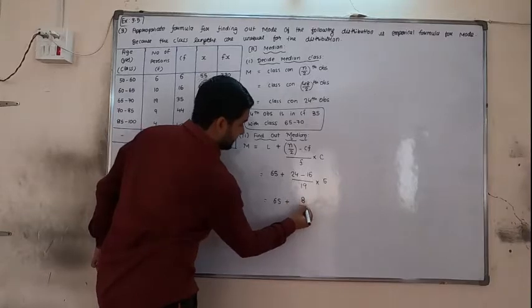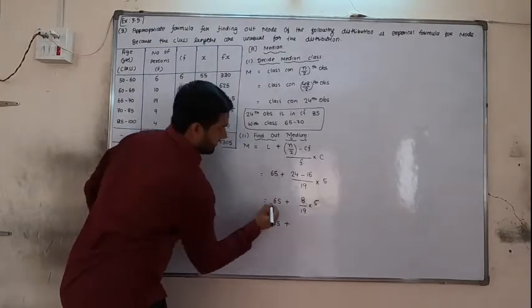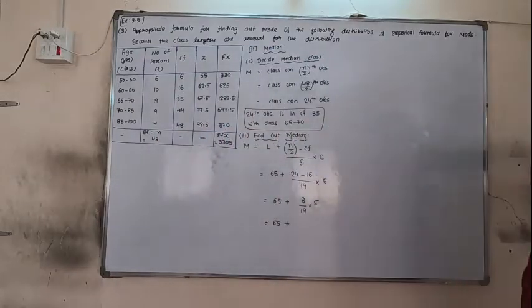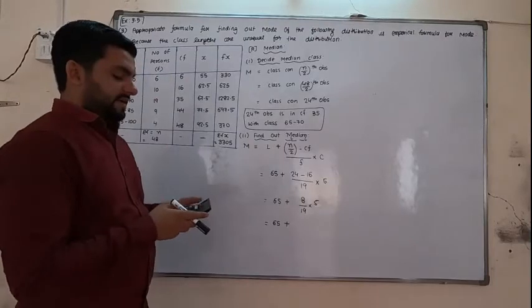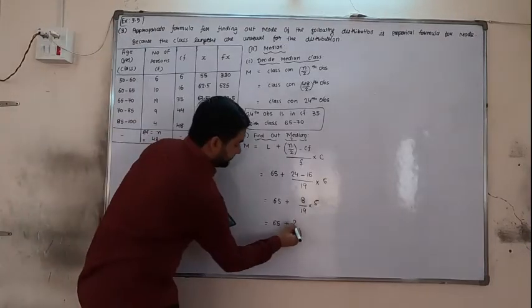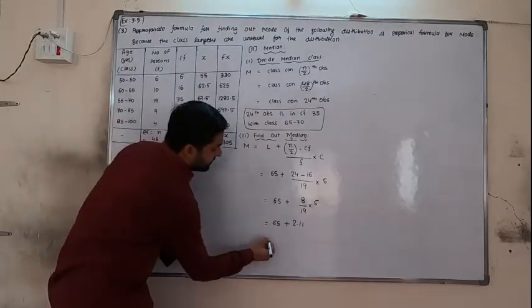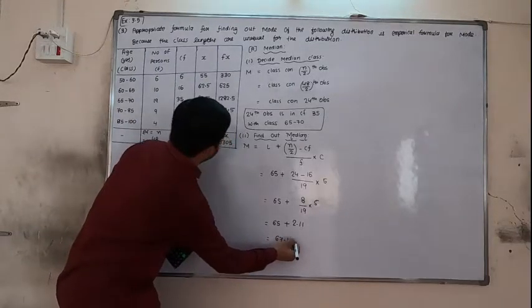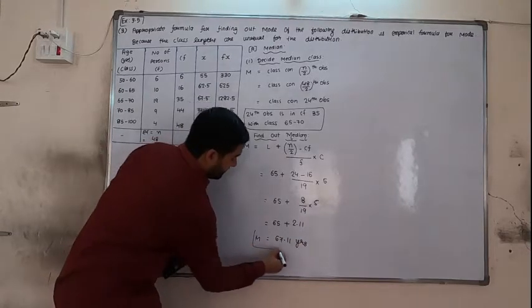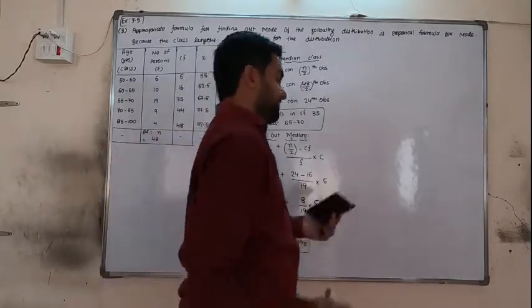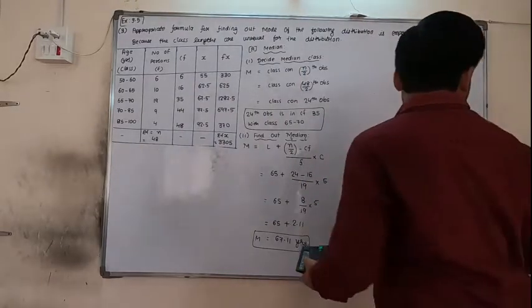So 65 plus 8 by 19 into 5, that is 65 plus 8 into 5 divided by 19. That is 2.11105, so 2.11. So 67.11 years. This is our median. Now the X bar.